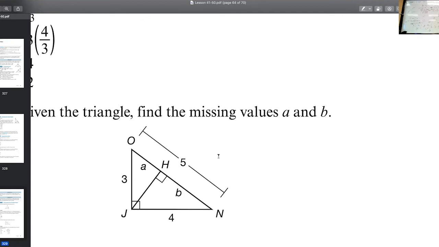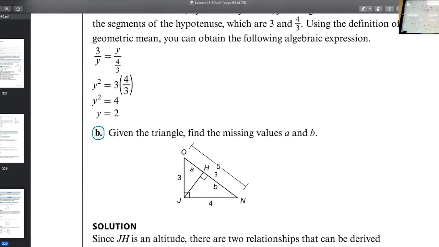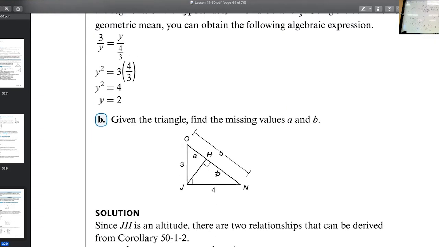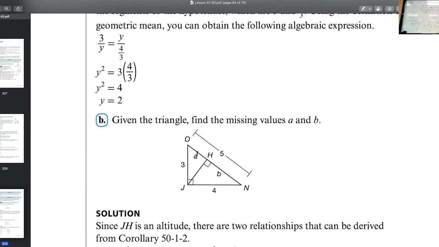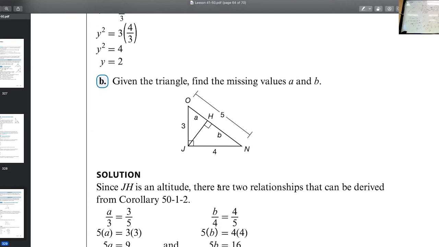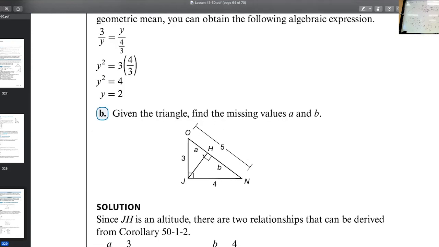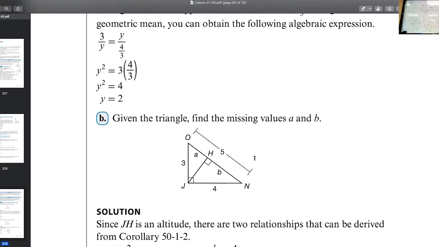So let's see if we can go back here. First of all, that's a 3, 4, 5 triangle. So to figure that out, we could find the altitude first and do it the geometric way, or what they did. Yeah, so they're using 5.1.2. So 3 is the geometric mean of A and 5.